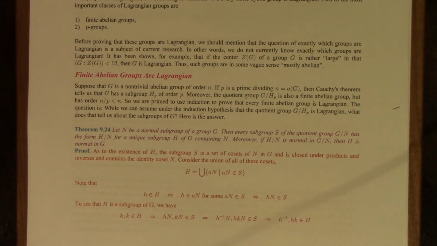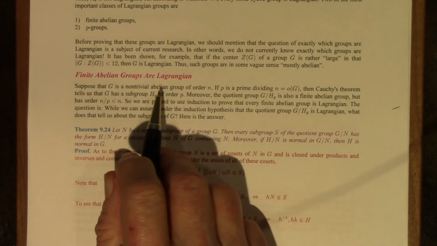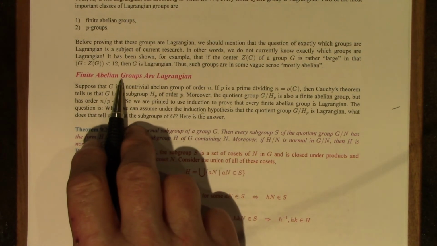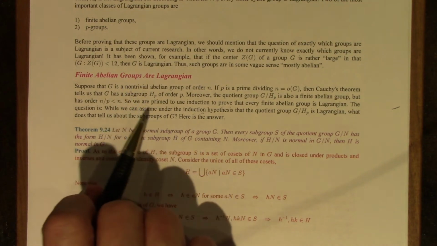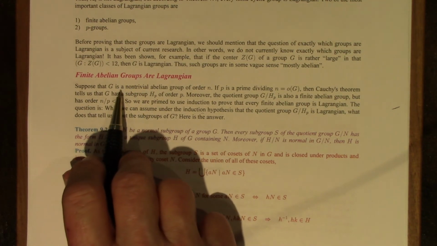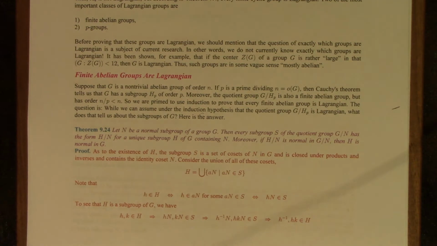And we'll use the technique of induction that I mentioned earlier when we talked about how powerful Cauchy's theorem was. So, first, finite abelian groups. Suppose G is a non-trivial abelian group of order n.